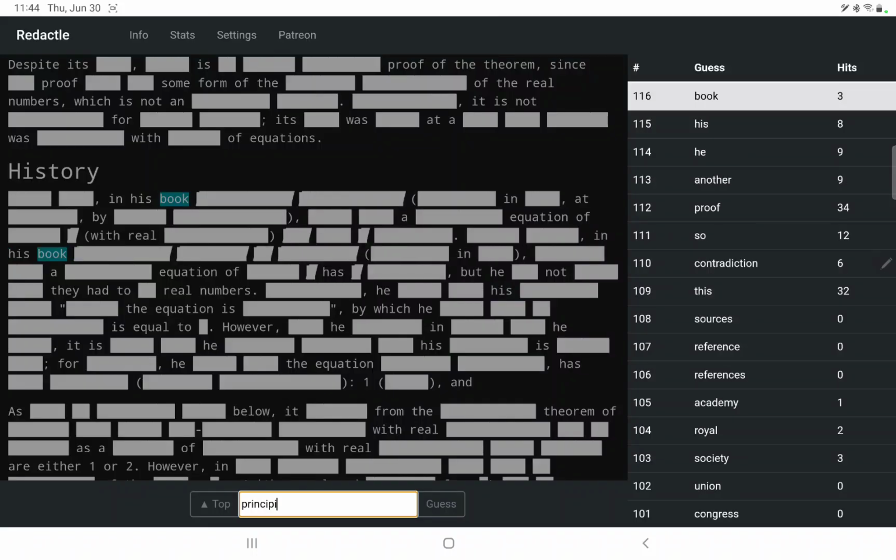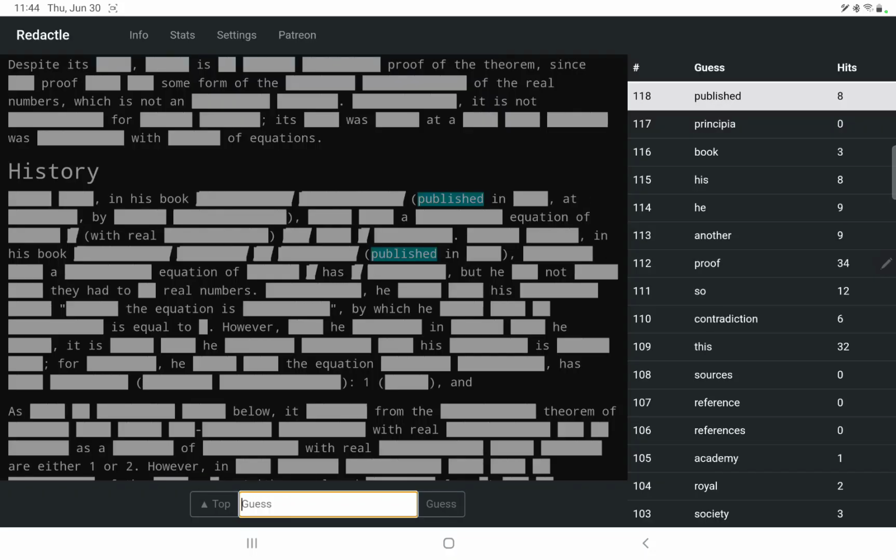How about Principia? No, I thought it might be Principia Mathematica. Published in some year at some place by somebody. Maybe shown or held or posited.